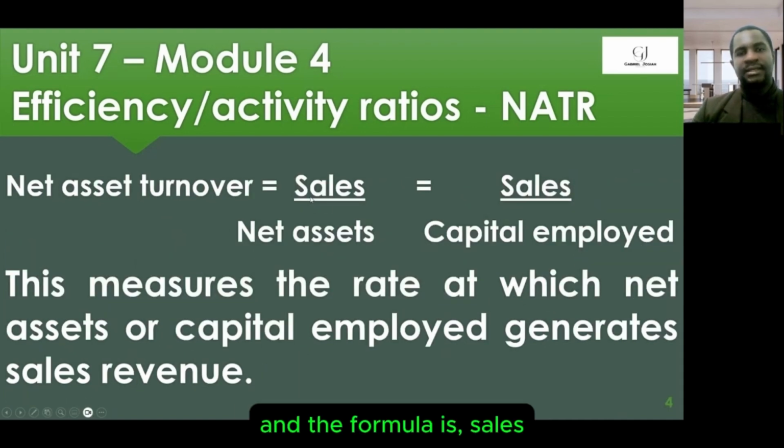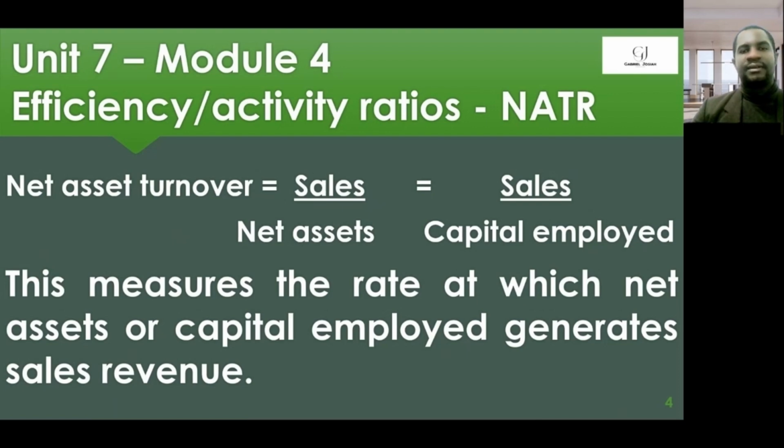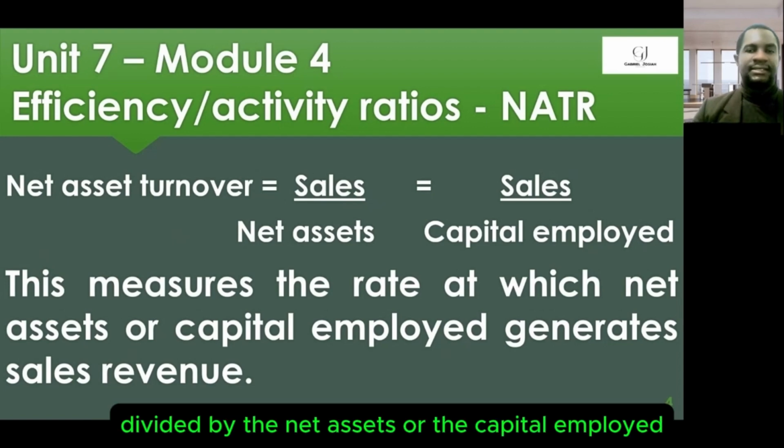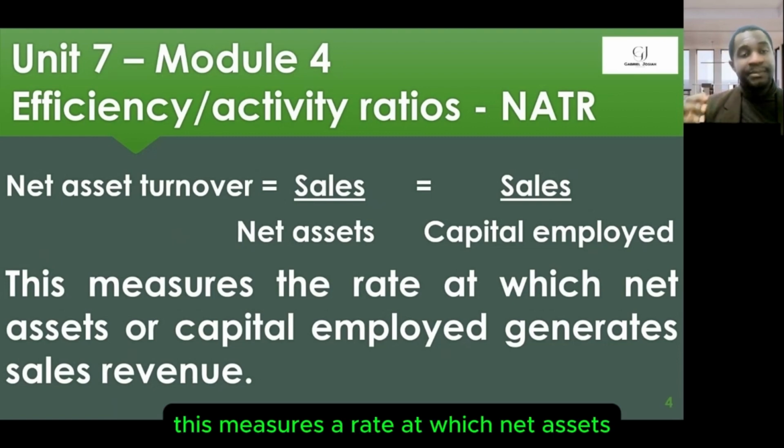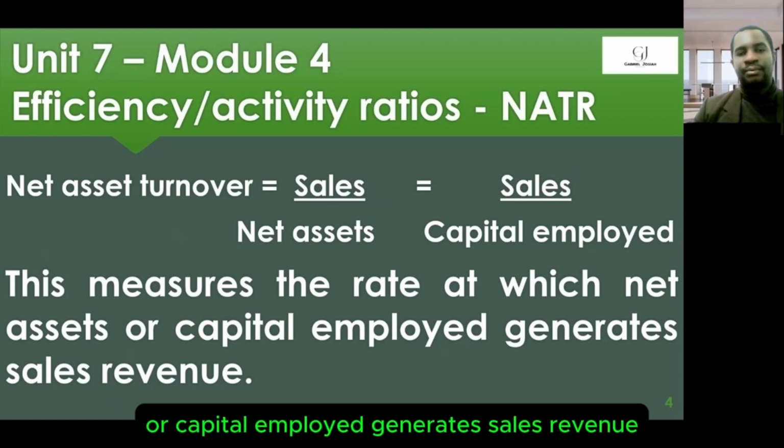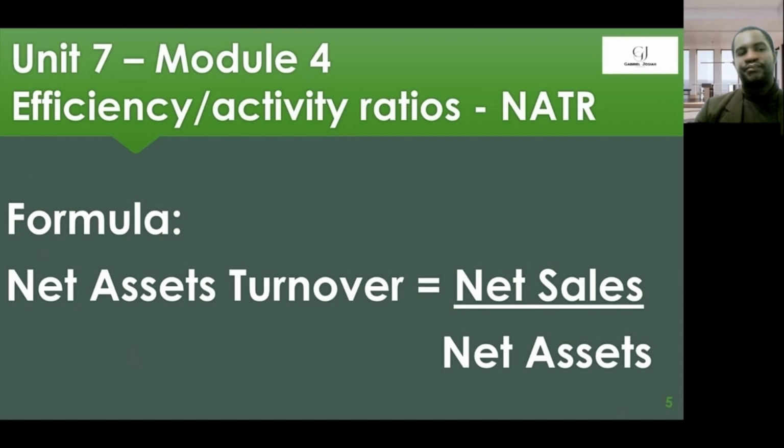And the formula is sales as the numerator divided by the net assets or the capital employed. This measures the rate at which net assets or capital employed generates sales revenue.